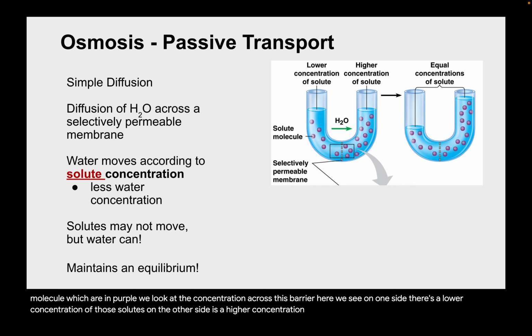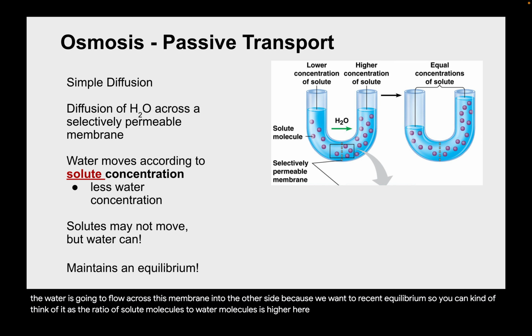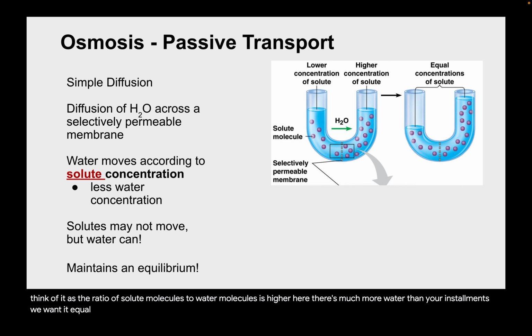Right? Now the solutes can't move, but the water can. So the water is going to flow across this membrane into the other side because we want to reach this equilibrium. So you can kind of think of it as the ratio of solute molecules to water molecules is higher here. There's much more water than there is solutes. We want to equalize that ratio.